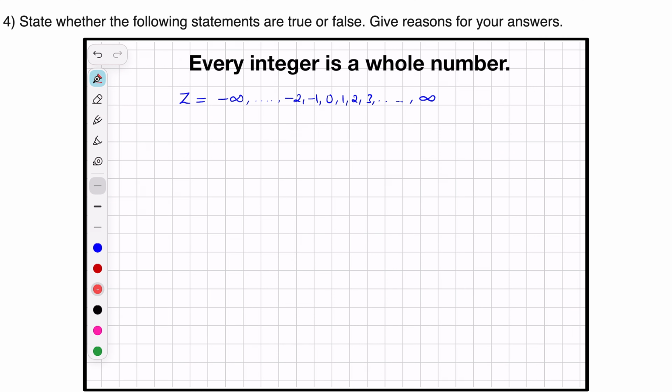So whole numbers are 0, 1, 2, 3, and all up till positive infinity. But when we look at the set of integers, we also have negative numbers. So if I take, let's say, -2, -2 is an integer, but it is not a whole number, right? -2 will not belong in the set W. So the answer to the question is, it is false.